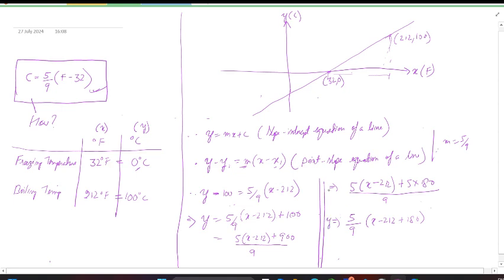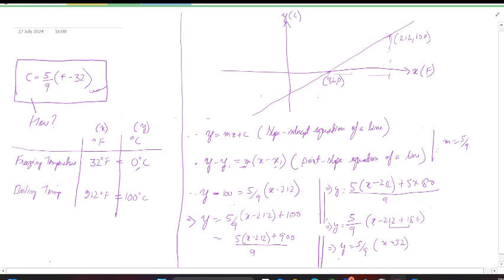Sorry, I've made some mistakes here. It should be y equals. Now if we do this operation, what we're going to get is x minus 32.